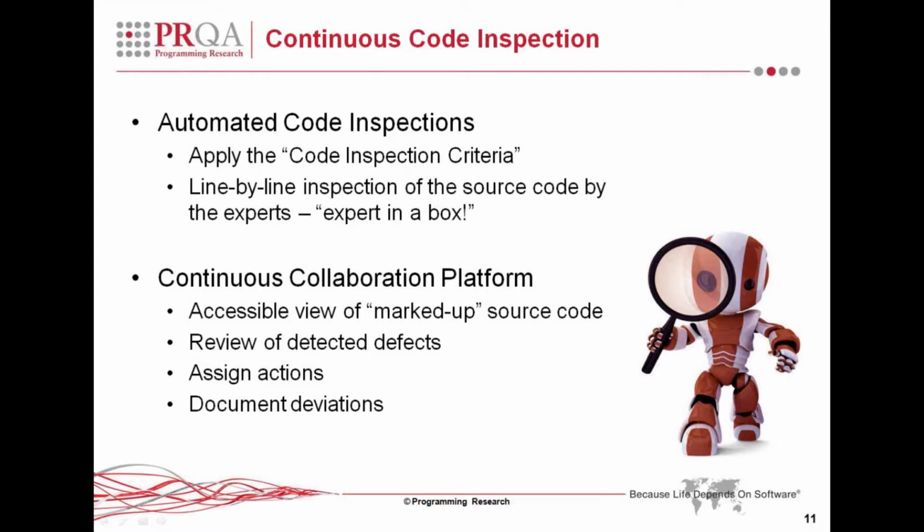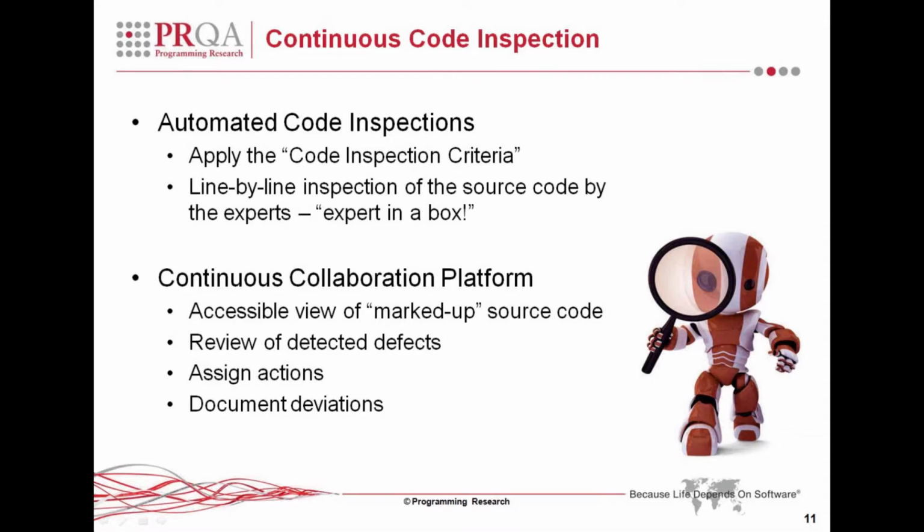If the platform also provides the ability to assign actions to its users, for example, if the quality assurance team is actually reviewing the code, they can assign a particular defect to be reviewed by a specific developer, so that developer can go back, review the defect in the source code, and determine the correct course of action, and then possibly assign that back to another developer to fix, or also create what we call a deviation to the coding standard.